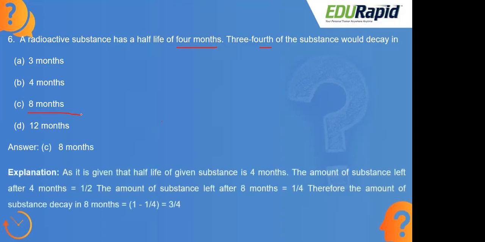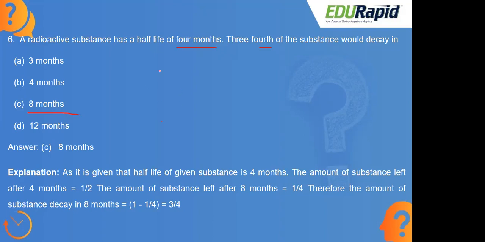When we look at the half-life of isotopes, what do we mean by half-life in chemistry? Half-life is the amount of time taken by a radioactive isotope to decay to half of its content.